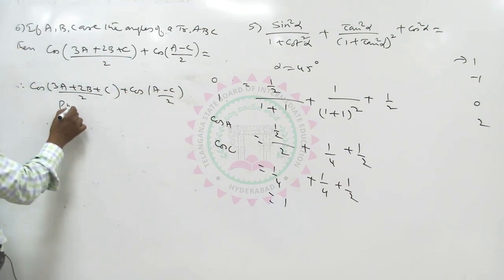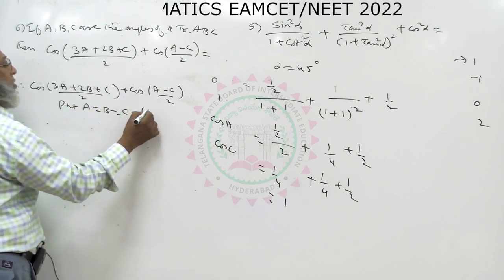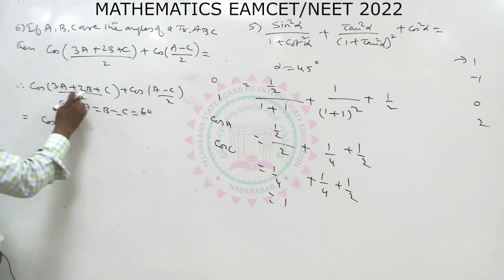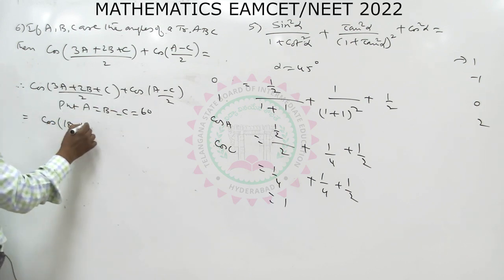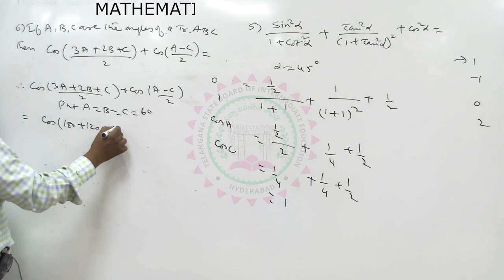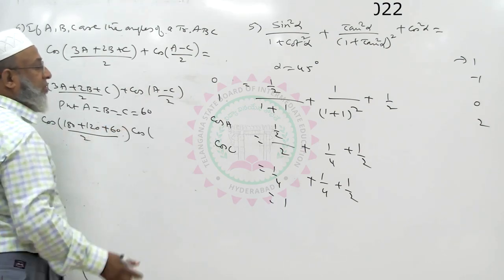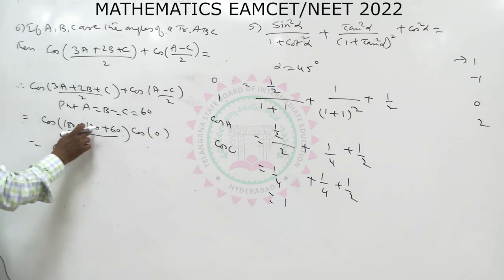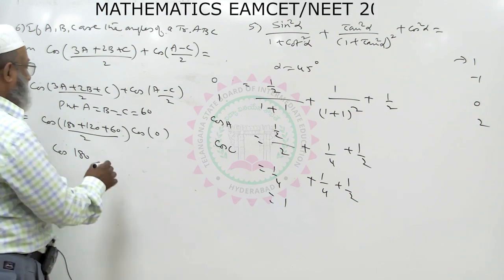Put A equal to B equal to C equal to 60 degrees. So this is equal to cos of (3 times 60, 180, plus 2 times 60, 120, plus 60) by 2 into cos of (60 minus 60, 0). So cos of 360 by 2 is nothing but cos 180, since cos 0 is 1.